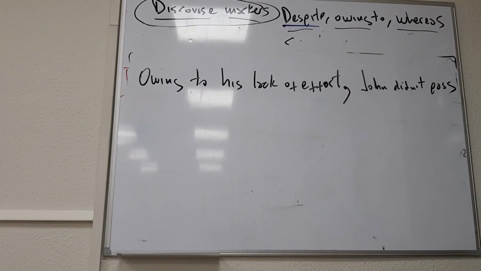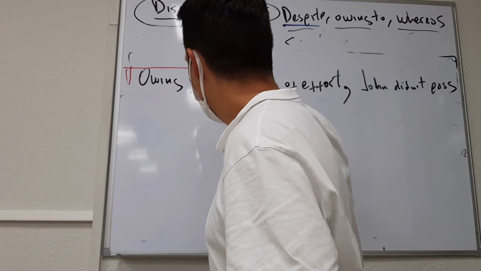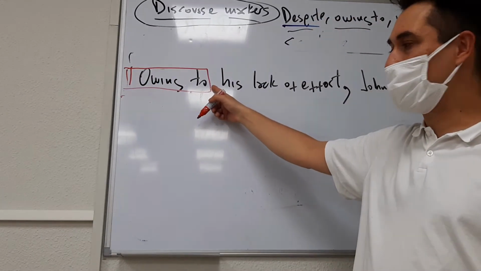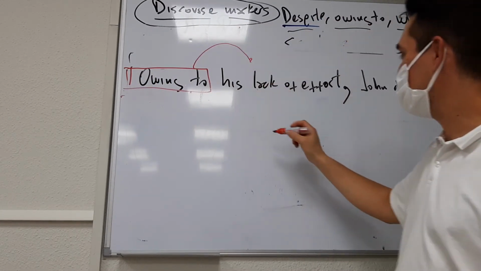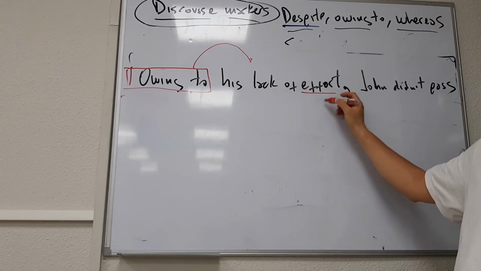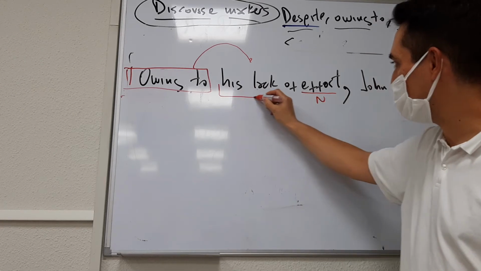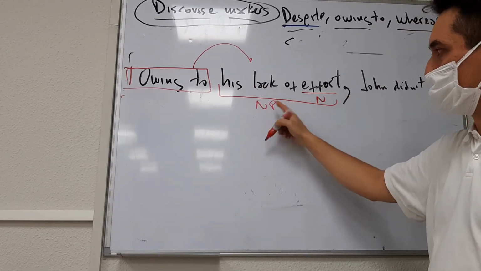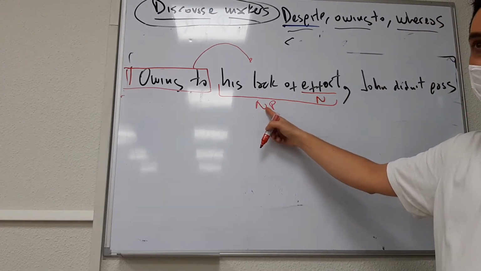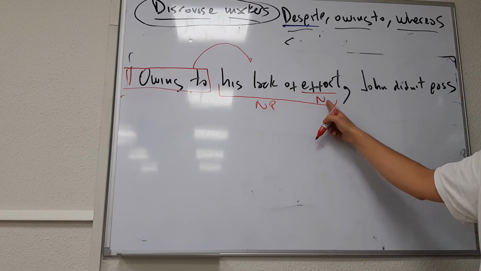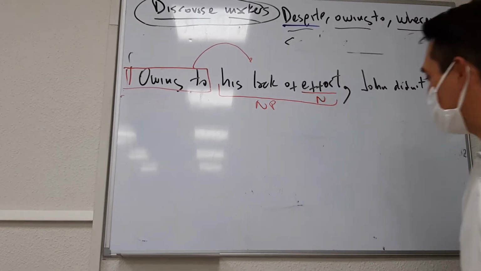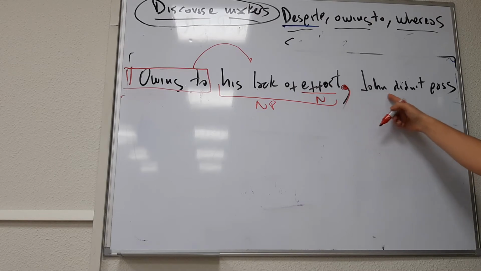Okay, discourse marker, owing to. After owing to, what do you need? Have a look at this. Effort. What is effort? A noun. So this whole thing is a noun phrase. And the most important element of the noun phrase is the noun. Owing to his lack of effort, comma, John didn't pass.